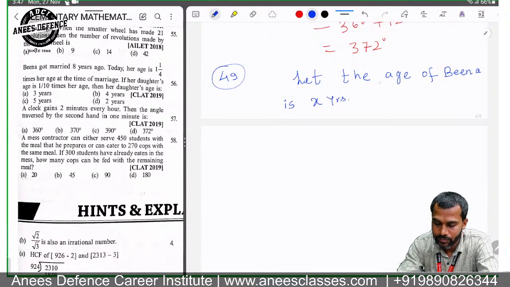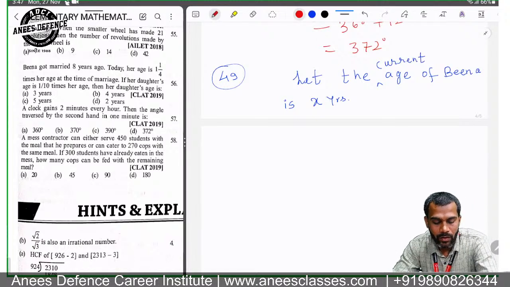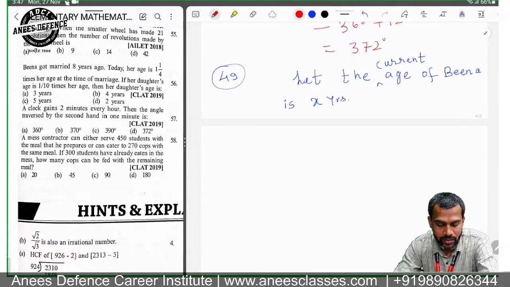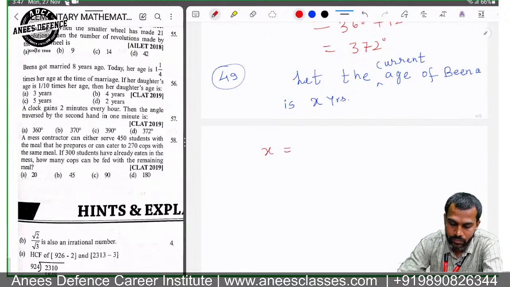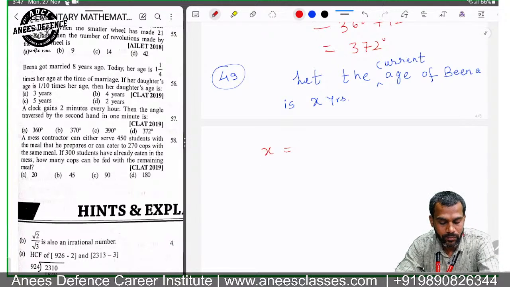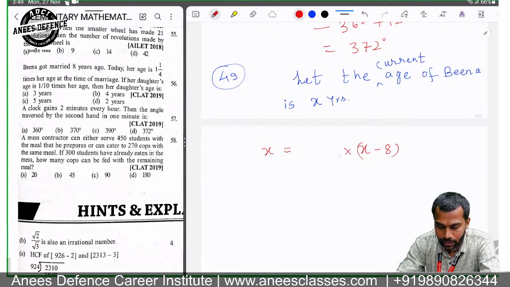Current age, yes or no? Or today's age. Now, what we need to do? 8 years ago. Today her age is X. So X is equal to X minus 8 into 5 by 4.